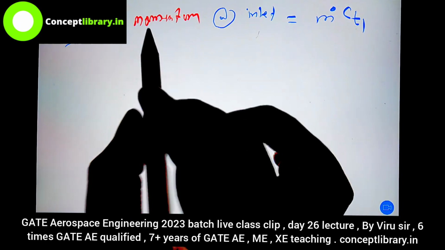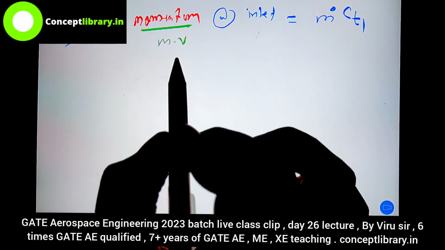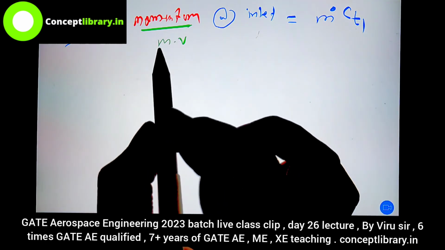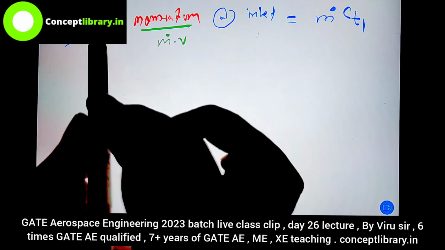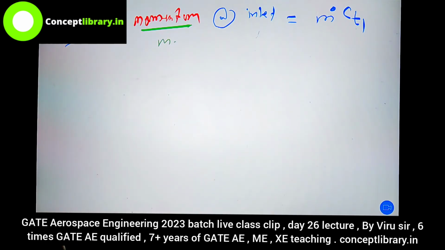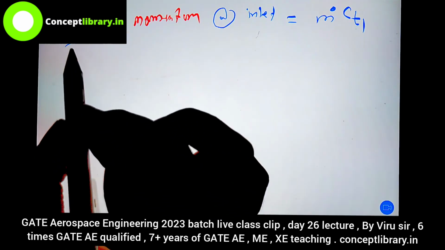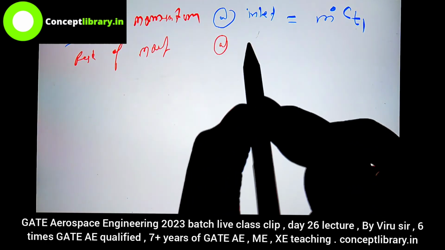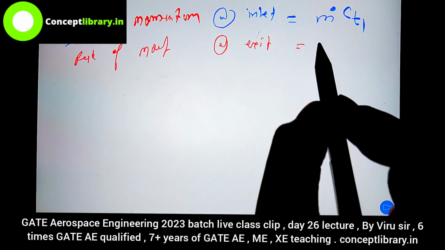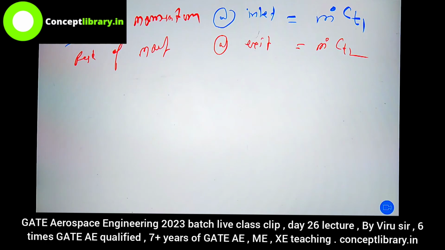Now see here, what is momentum? Mass into velocity. But if you use m dot, it means divided by time, so it means rate. That's why I am writing rate of momentum at inlet as m dot CT1. In the same way, you will have rate of momentum at exit, so at exit you'll have m dot CT2.